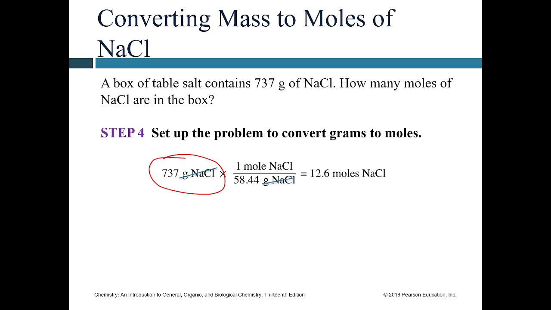And then I have this conversion factor, or this molar mass, that is grams per mole. So that conversion factor needs the 58.44 grams on the bottom, so grams are going to cancel. And it needs the 1 mole that was on the bottom before on the top now, so that we can go into moles.